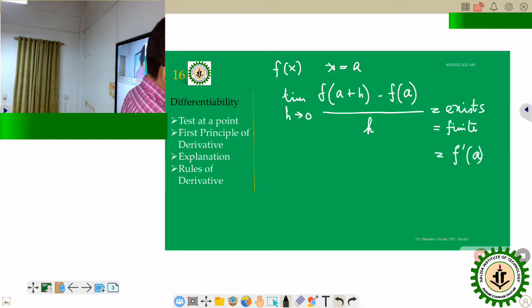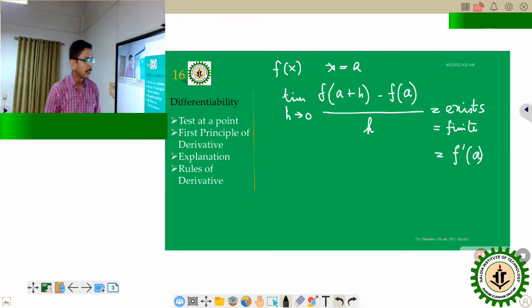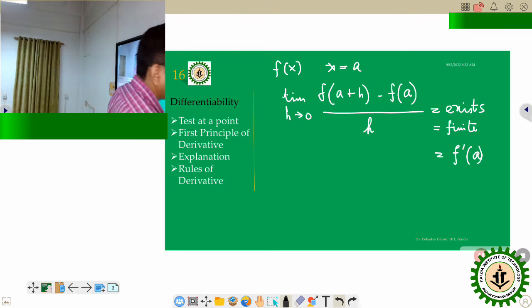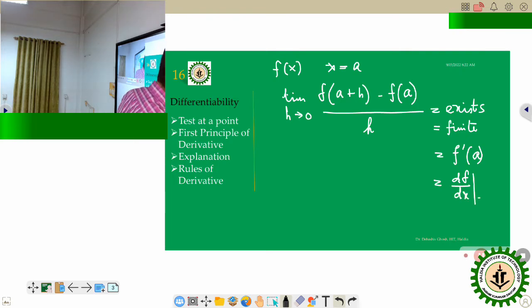We denote that by this notation. Sometimes it is also denoted by df by dx at the point x equals a.